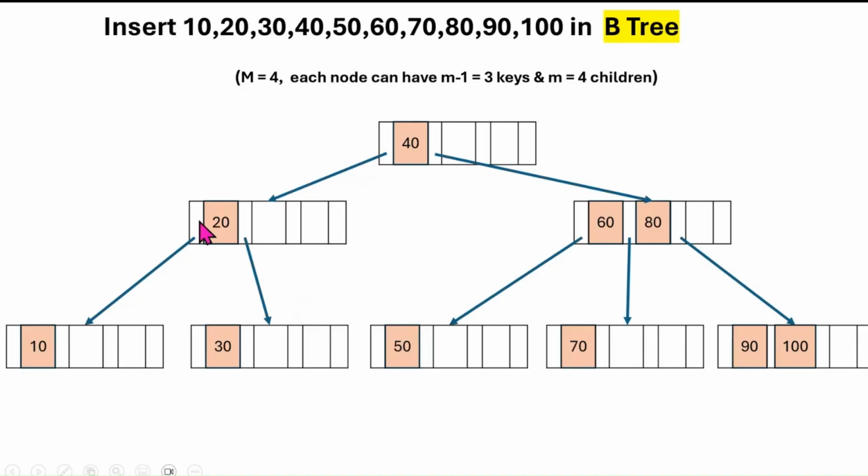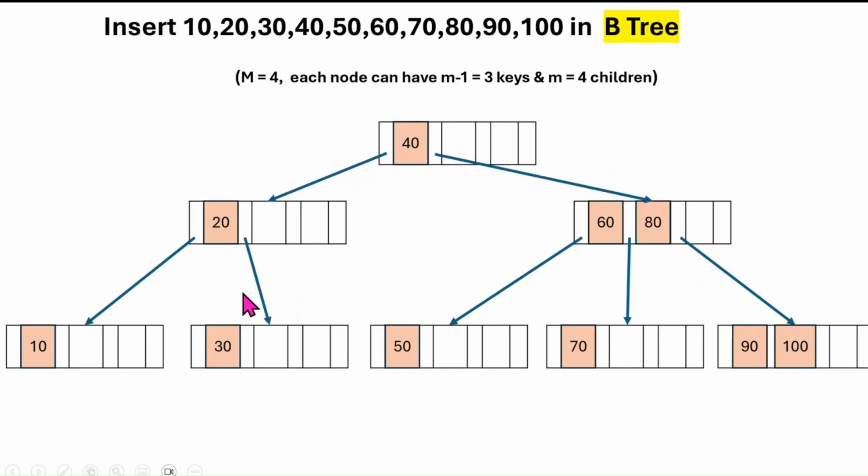So 40 went up, 20 went out here. When we split the node, the actual data pointer also goes here, right? That is the one thing we need to keep in mind when we see the B plus tree. Whenever we split the node and promote the median or middle key, the key and the actual data pointer move to the internal node.